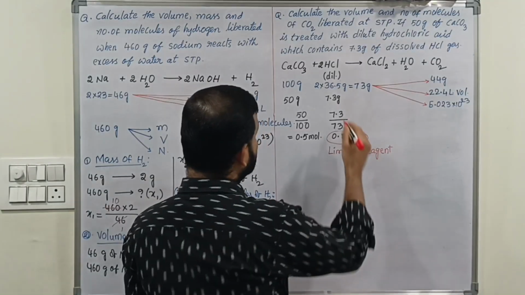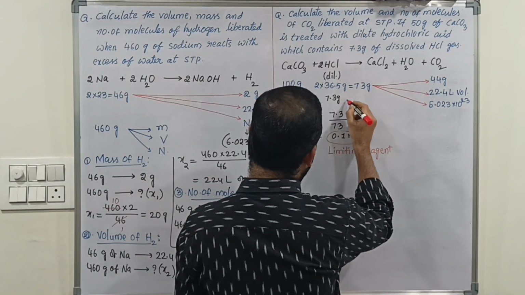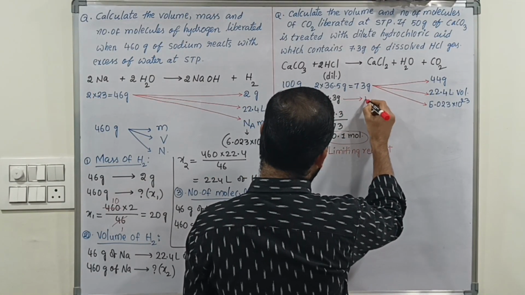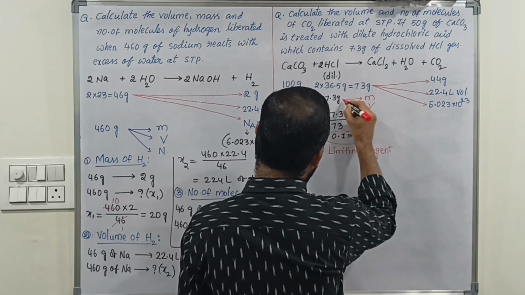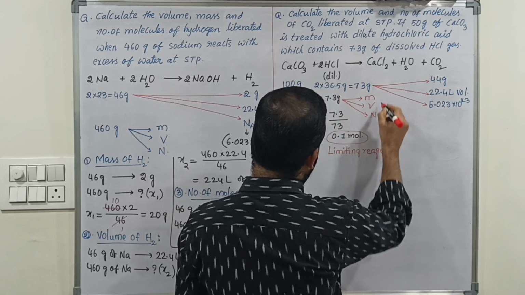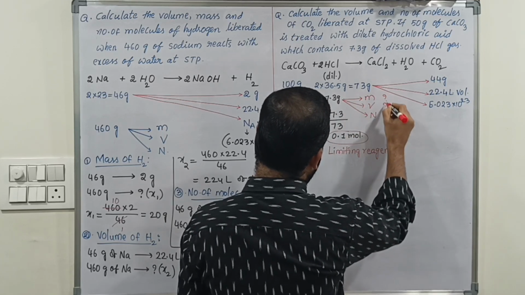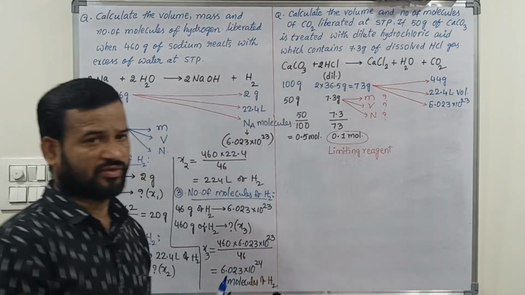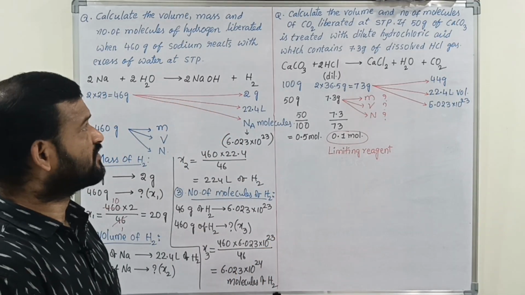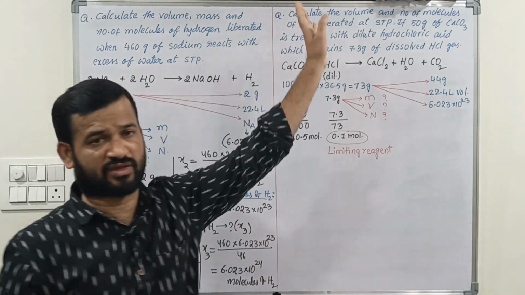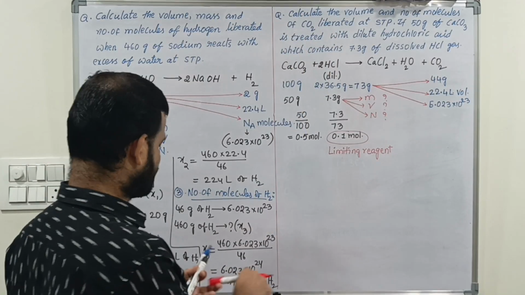So if we take 7.3 grams of HCl, we have to find the mass, volume and number of molecules. But in this question, only volume and number of molecules are given. So we will discuss that.